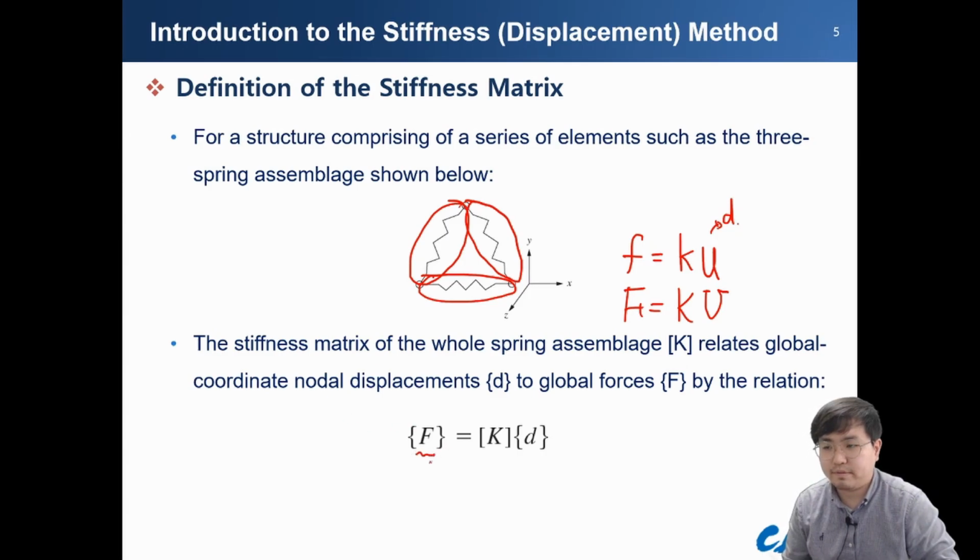Capital F is the force vector in the global coordinate system, capital K is the global stiffness matrix, and D is the nodal displacement in the global coordinate system.